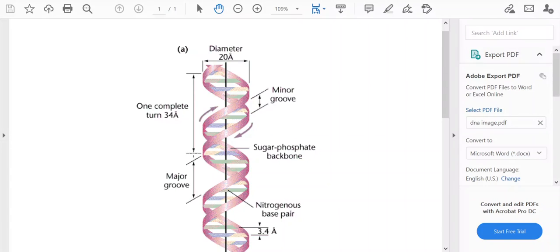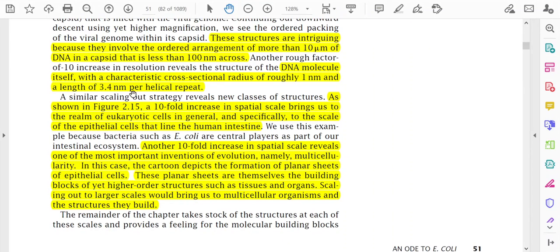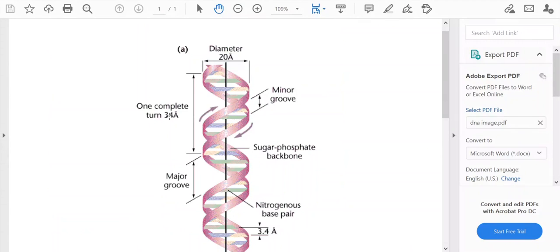Starting from this portion to this portion, the helix completes one complete turn. So this length is 34 angstrom, or 3.4 nanometers per helical repeat. So this is the size of the DNA molecule.